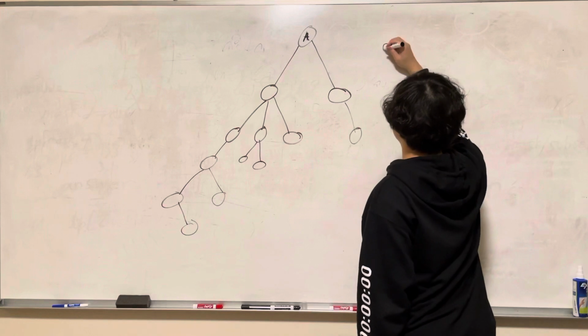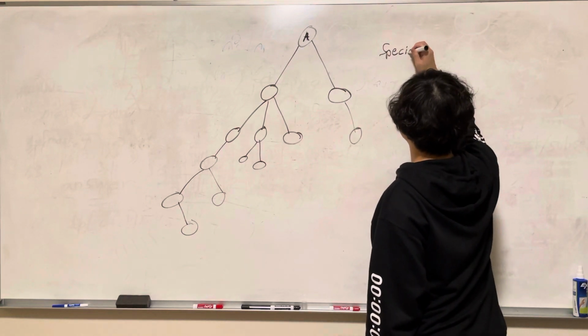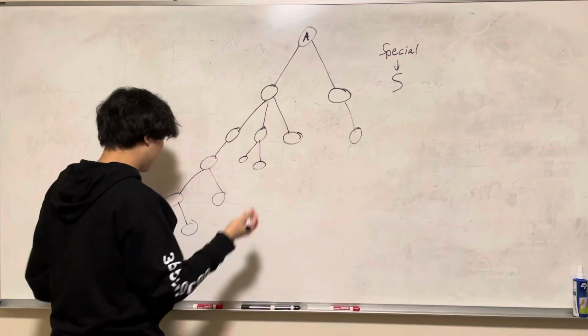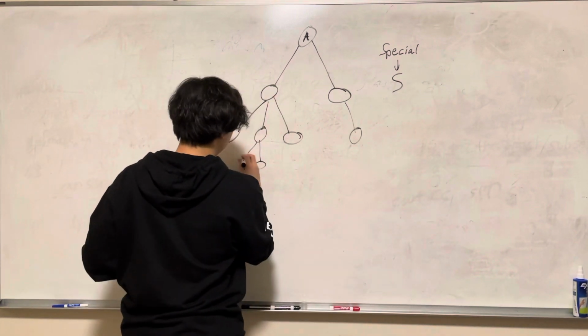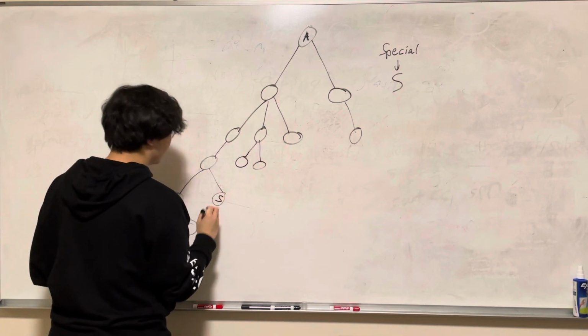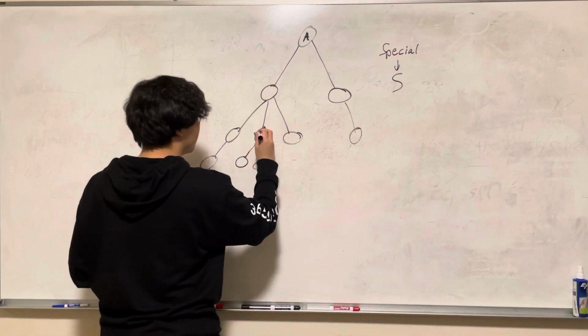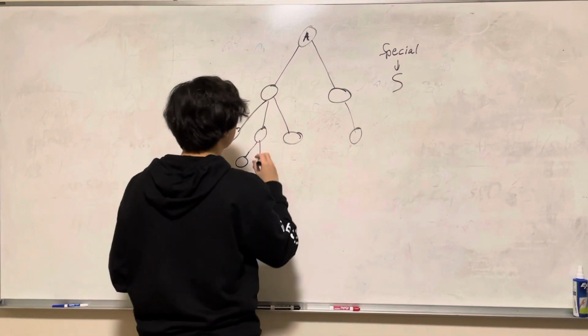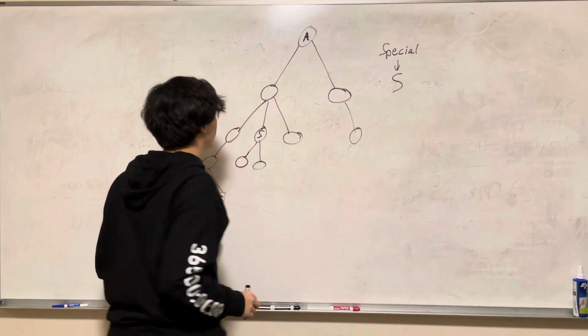I'll just label special nodes as S. So let's say, for example, this is a special node. This is a special node. And let's also say this over here is a special node.